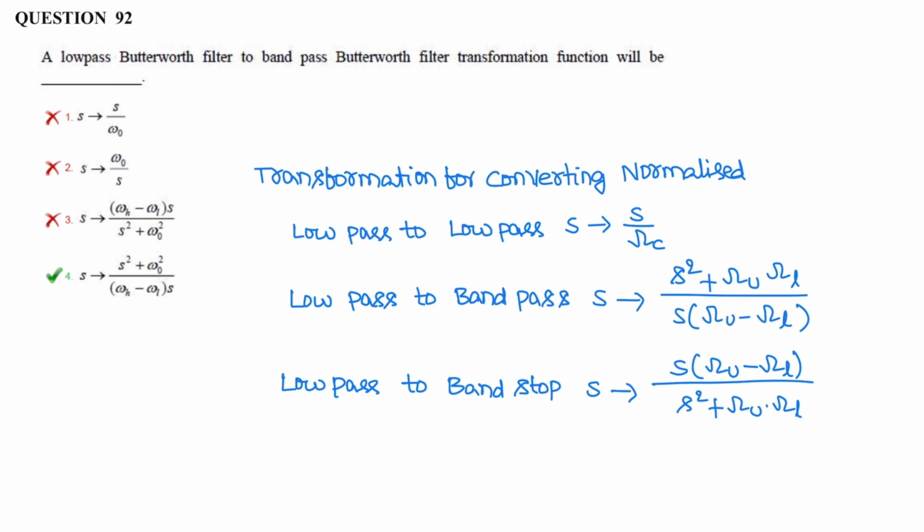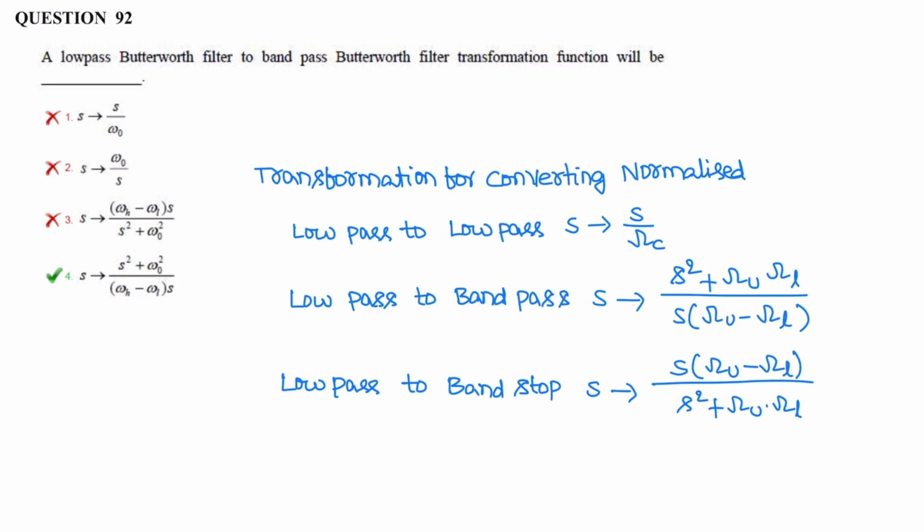Question number 92. A low pass Butterworth filter to band pass Butterworth filter transformation will be. In the question, we need to identify the correct transformation for converting low pass Butterworth to band pass Butterworth filter.